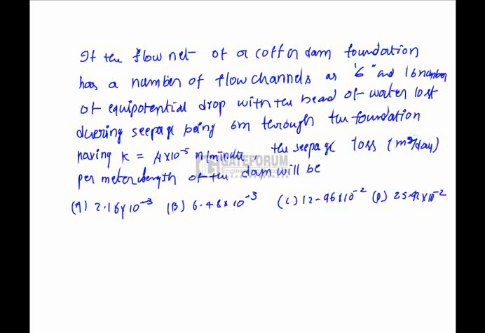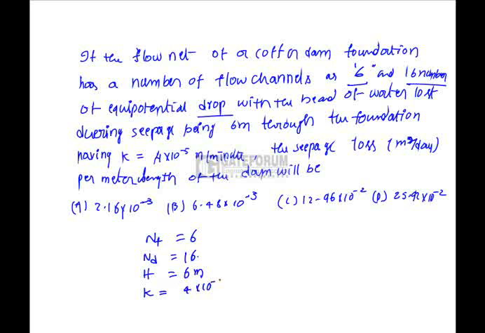The question is, if the flow net of a coffer dam foundation has the number of flow channels NF given as 6 and 16 equipotential drops, ND given as 16, with a head of water loss during seepage H being 6 meters, through a foundation having permeability coefficient given as 4 into 10 to the power of minus 5 meters per minute, find the seepage loss in meters square per day per meter length.